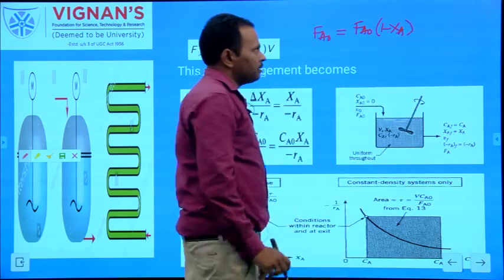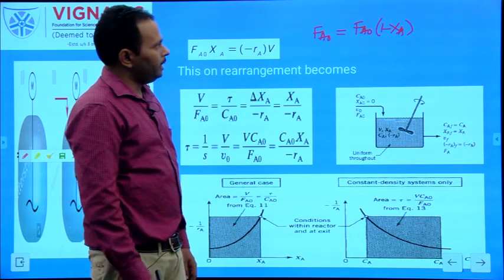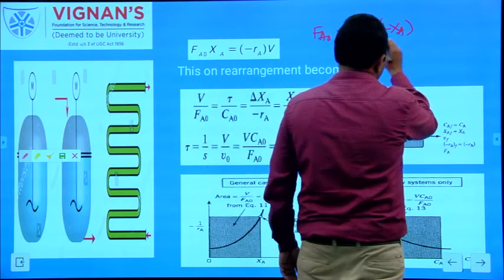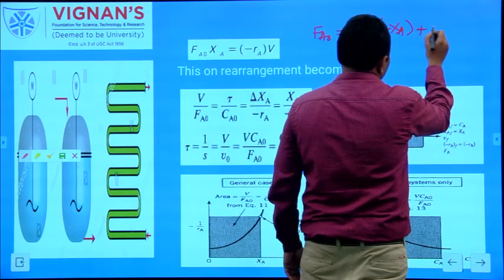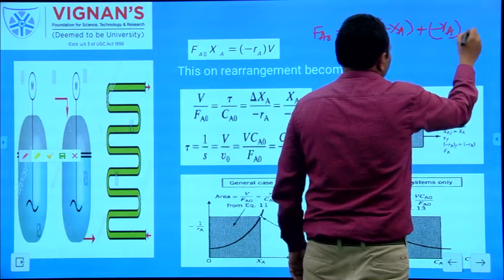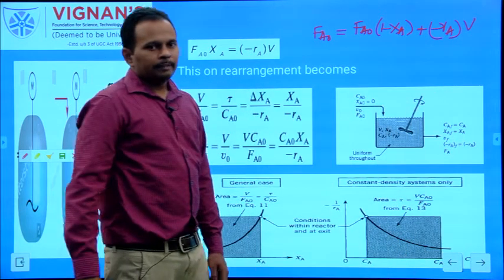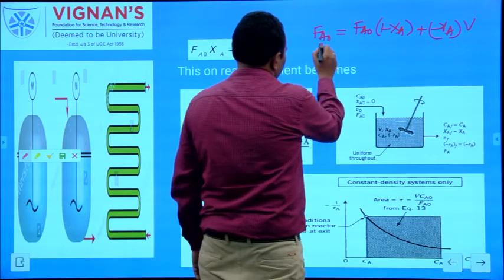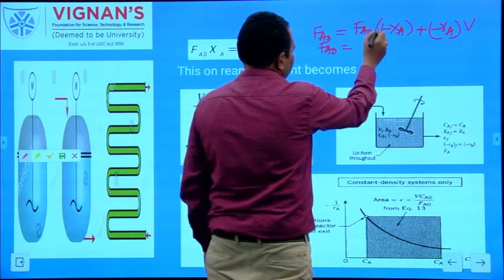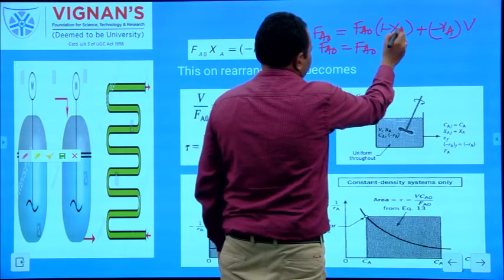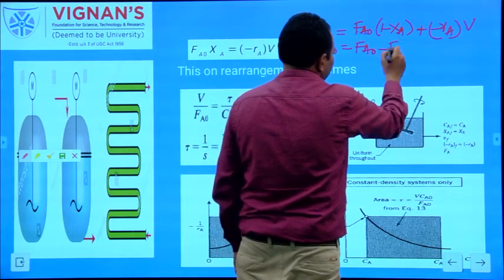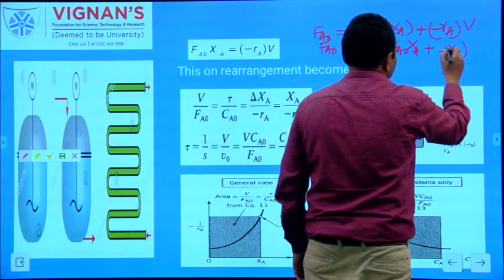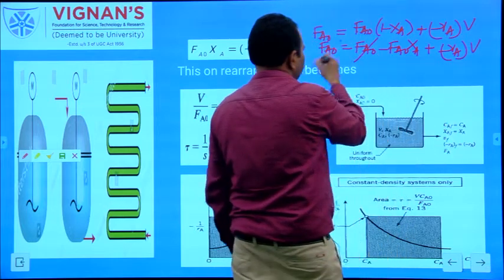And next, the disappearance term. The accumulation term we already made 0, because of the steady state nature. So the disappearance is minus RA into V. After substituting the 3 quantities into the material balance equation, we got FA naught equal to FA naught minus FA naught XA plus minus RA into V. Both FA naught cancel on both sides.